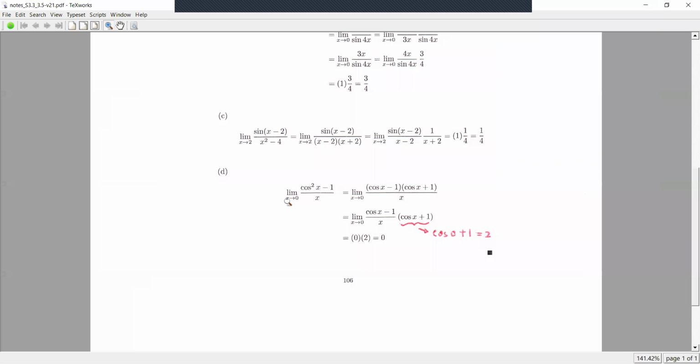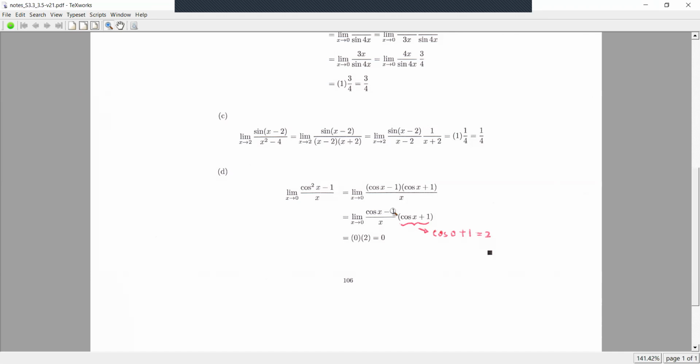Part D. To find the limit in part D, first, factor cosine squared minus 1 as cosine minus 1 times cosine plus 1. Then write this fraction as this fraction times cosine plus 1. As x approaches 0, cosine of x plus 1 approaches 2.